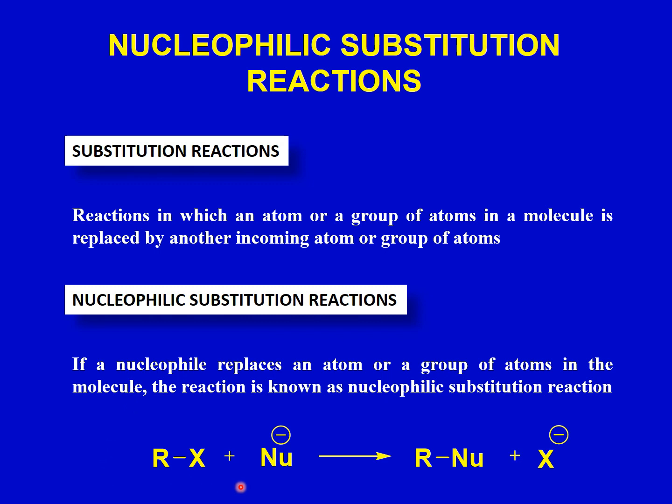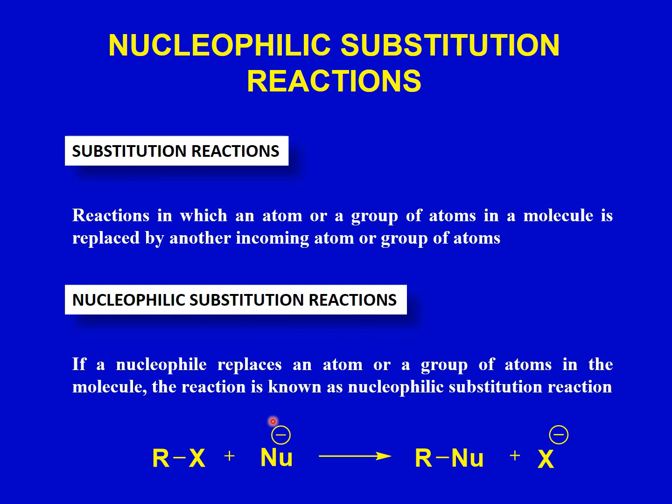Now, this is a general reaction that shows how nucleophilic substitution reactions proceed. So we have a molecule RX. X here is any leaving group. It could be a halogen or any other good leaving group. When this molecule reacts with a nucleophile, which you can see here is shown with a negative charge, because it's a nucleophile, it will fancy attacking any electron deficient center.